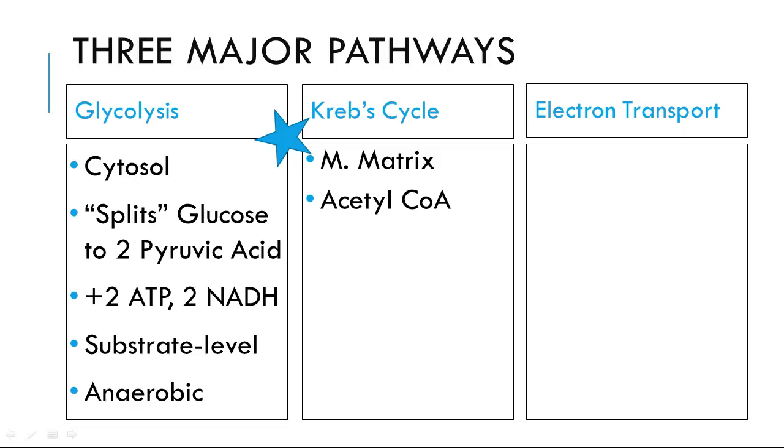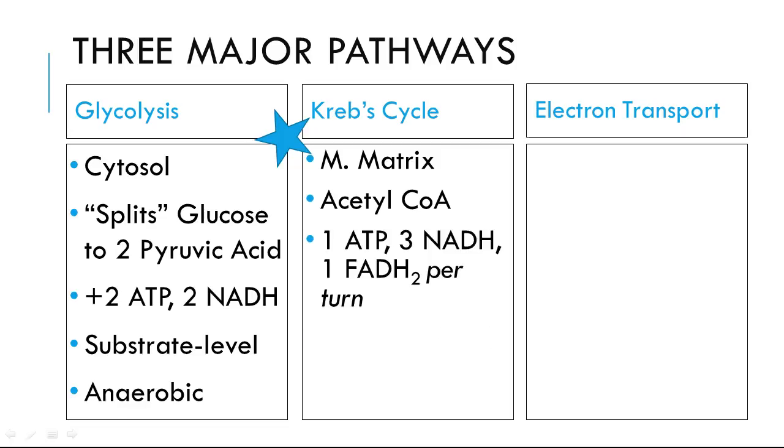How much carbon dioxide? 2. 2 molecules of carbon dioxide. What type of phosphorylation would this be? Substrate level phosphorylation. And is the process aerobic or anaerobic? Anaerobic.